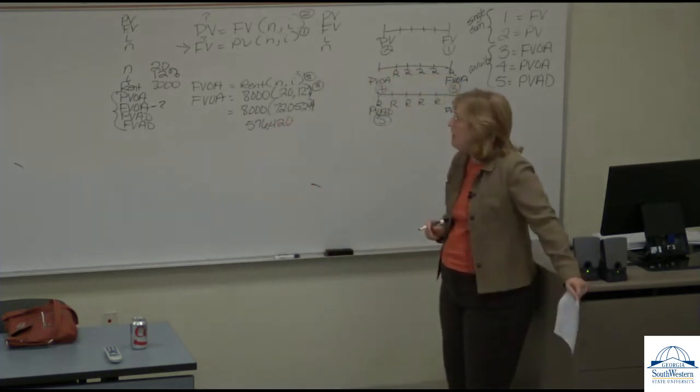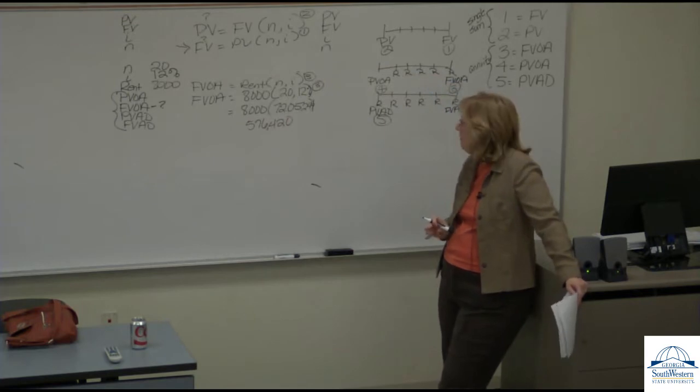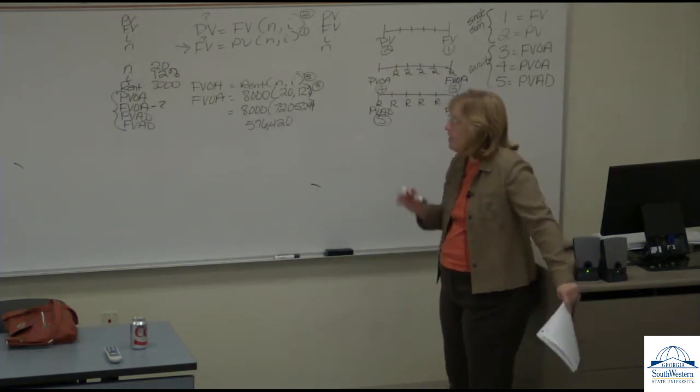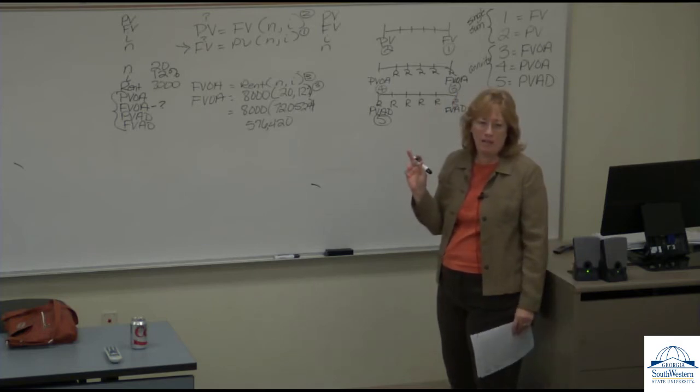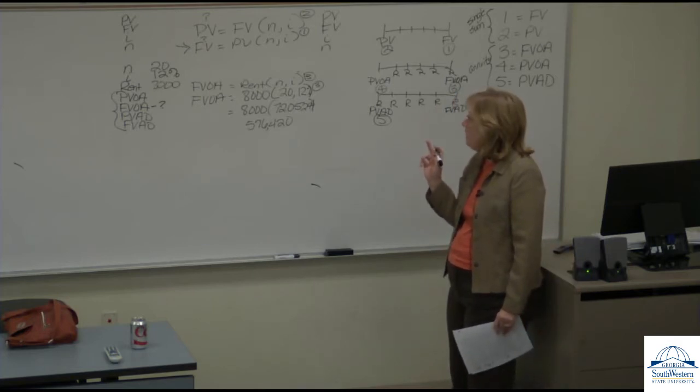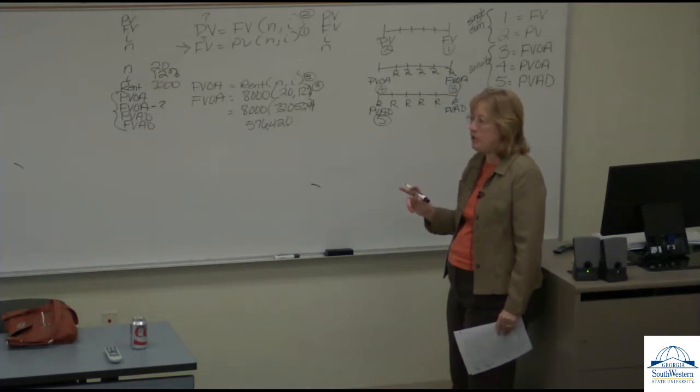Okay, so let's think about that. Let's just see if that makes sense. Does that make sense to you guys? We put $8,000 a year somewhere where it earned interest for 20 years. How much money did we put in? $8,000 for 20 years.